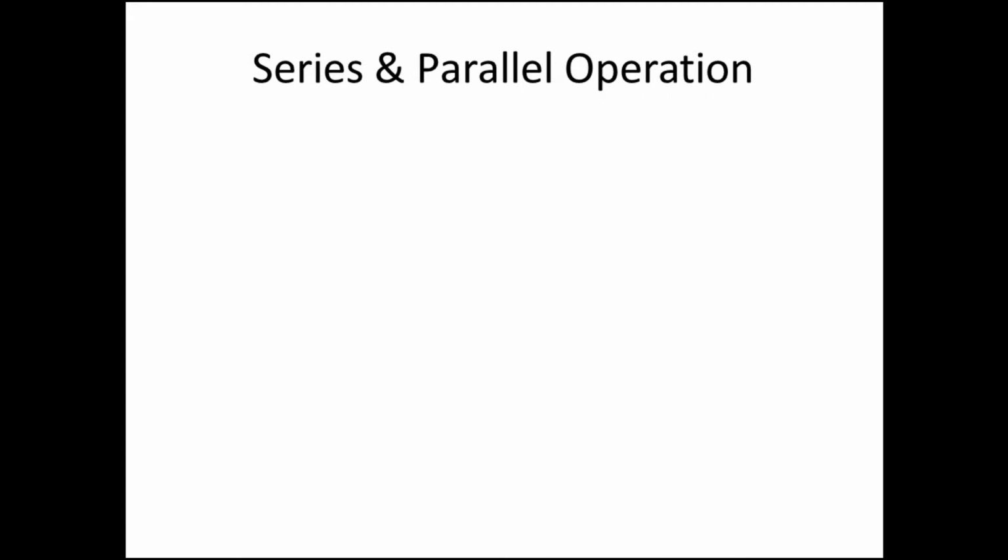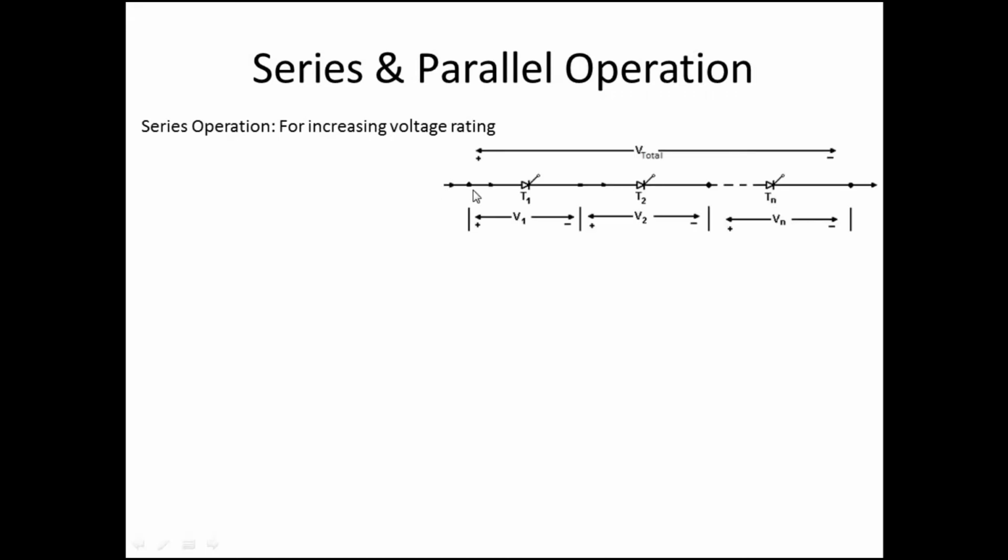For increasing the voltage rating we use series operation, similar to resistors. So we get the total voltage as V1 plus V2 plus etc. Vn. If there are n thyristors, the total voltage that can be blocked by this group will be V total, which is equal to V1 plus V2 plus etc. Vn.